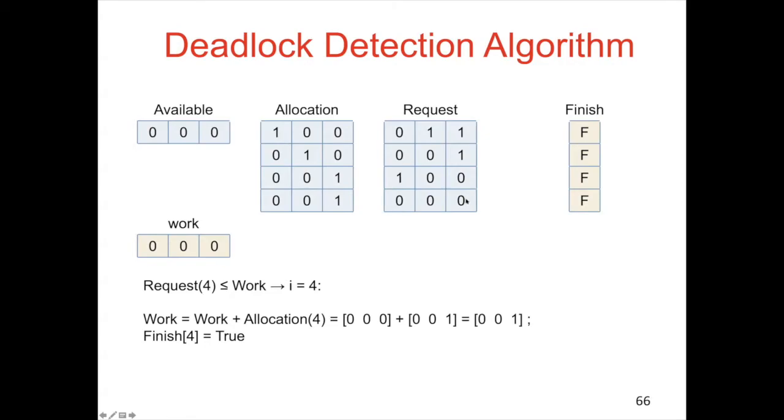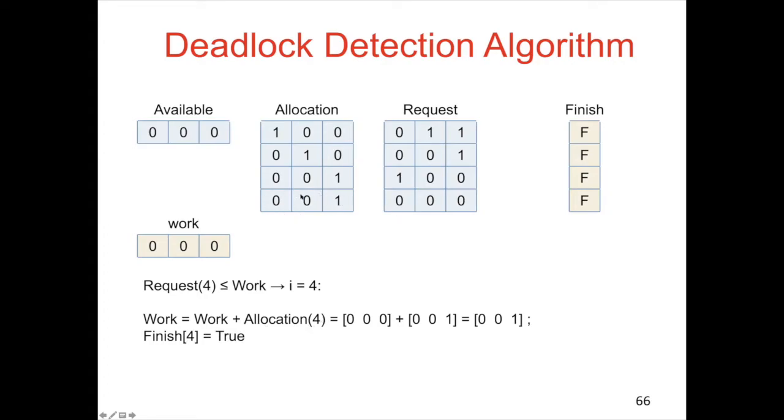However, for process 4, request 4 is less than or equal to work. So we are setting the value I as 4 and work is set as work plus allocation 4. So process I is able to terminate.